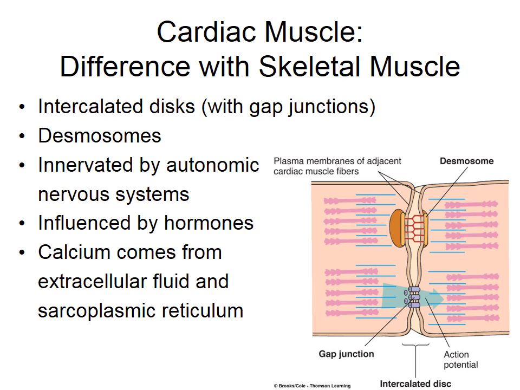Somatic, exactly. Your cardiac muscle is influenced by hormones, specifically norepinephrine and epinephrine, which greatly influence heart rate. And then, as I already mentioned, calcium that regulates contraction comes from both extracellular fluid and the sarcoplasmic reticulum.